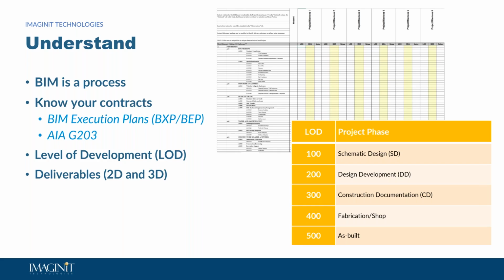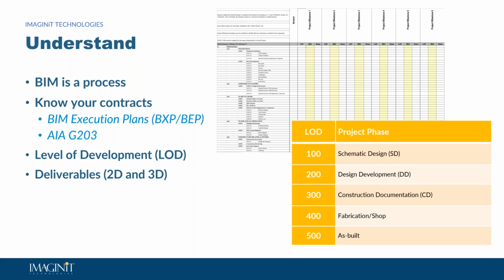So potentially through conceptual design, a lot of times that happens before the job has been awarded. So there aren't necessarily contract requirements for a CD level of deliverable, but once a project is awarded and a BIM execution plan is created, we usually will start with LOD 100, which is suitable for schematic design.